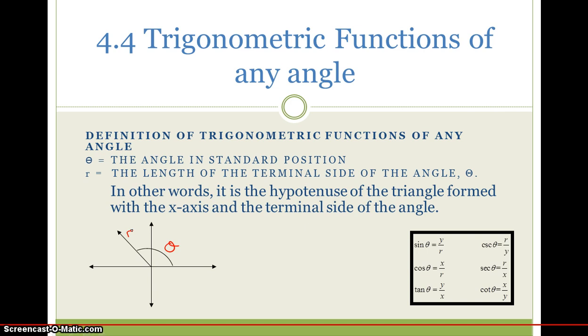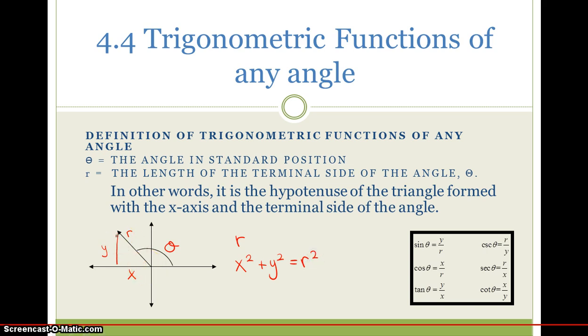In other words, we can draw a triangle with the x-axis and the terminal side of the angle. In order to figure out what r is, we know that it's a triangle. This side's going to be x, and this side's going to be y. So we're going to remember our Pythagorean theorem: x squared plus y squared is equal to r squared.